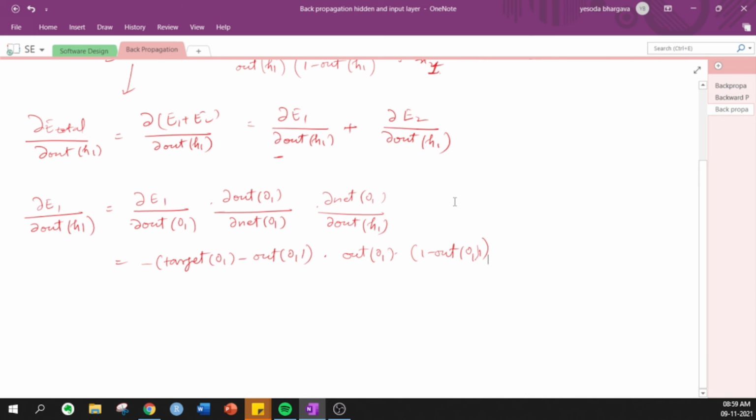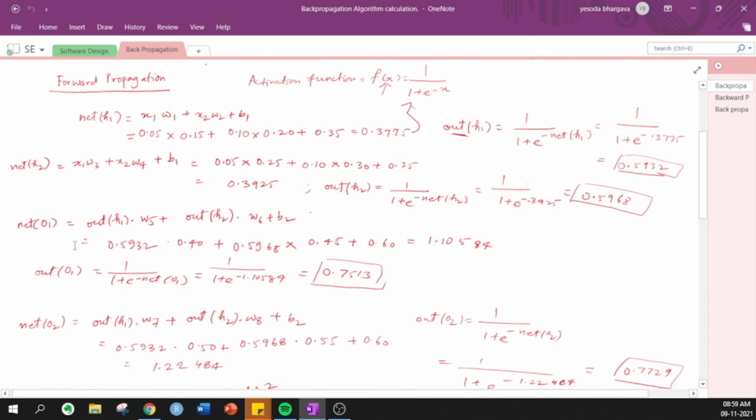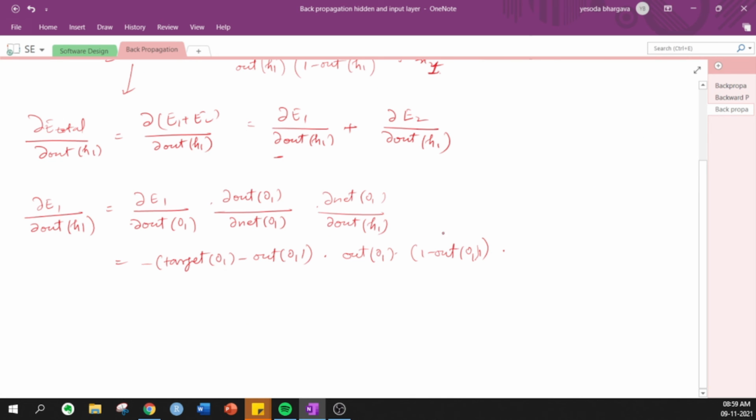And net output O1 with respect to output of H1: the partial derivative of net O1 with respect to output of H1 is W5. So when we actually compute this value, it comes out to be 0.7413 into 0.1868, and W5 is 0.40.